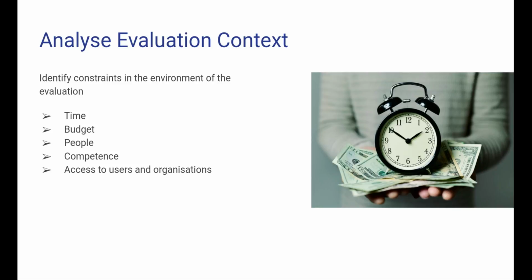There may be a lack of time, not sufficient budget, not sufficiently many people or researchers to carry out the evaluation, the competence might be lacking, and you may not have access to users and organizations. To be clear on all these points is important in order to be able to choose the right strategies in later parts of the evaluation.